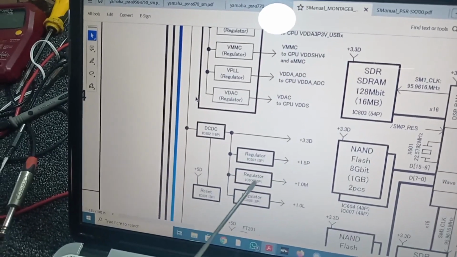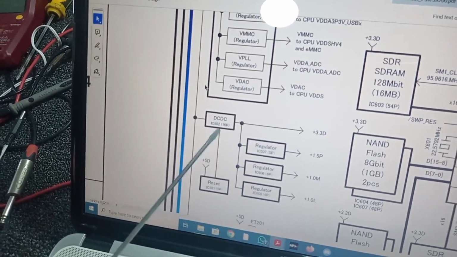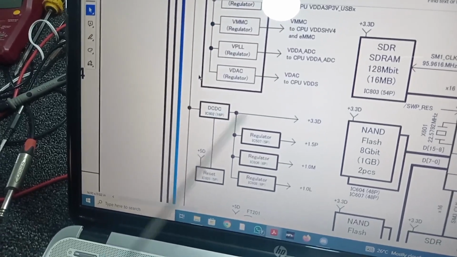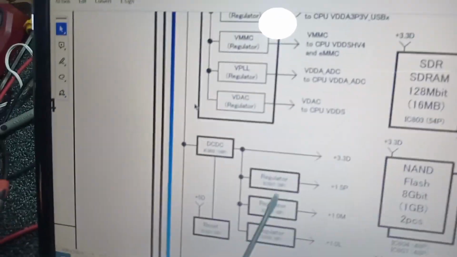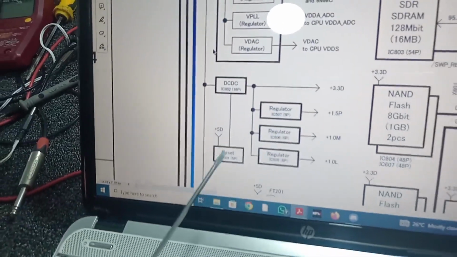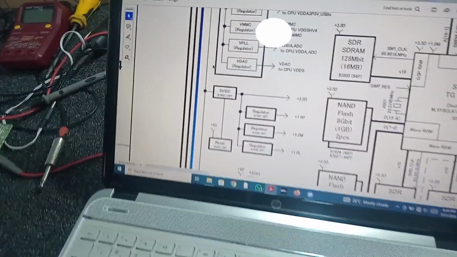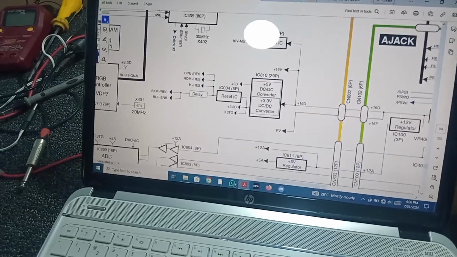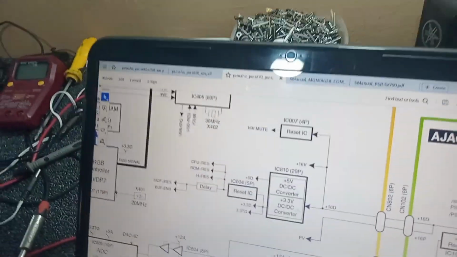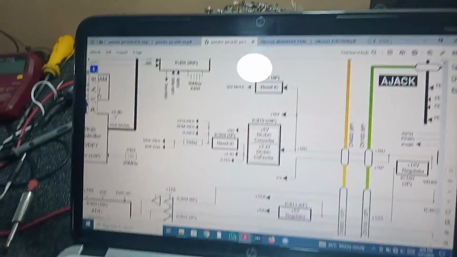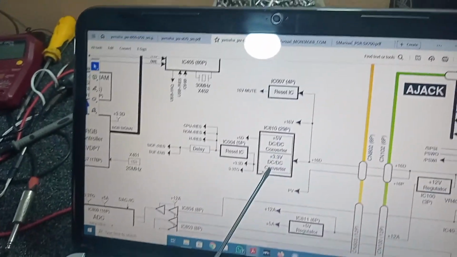So these are the voltage regulators. We can see that they are different. DC to DC is for DC to DC converter, and when you see reg, or you see regulator, these ones are voltage regulators, and this one is DC to DC converter. I think we have the PSR S770 and S970 here too. So look at this one now. You can see DC to DC converter and DC to DC converter here as well.